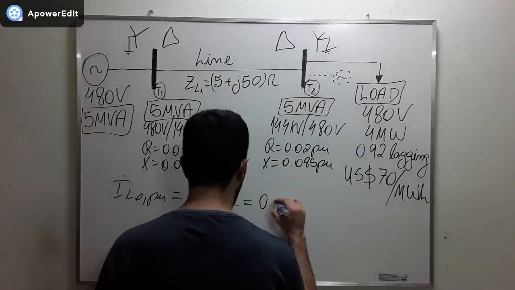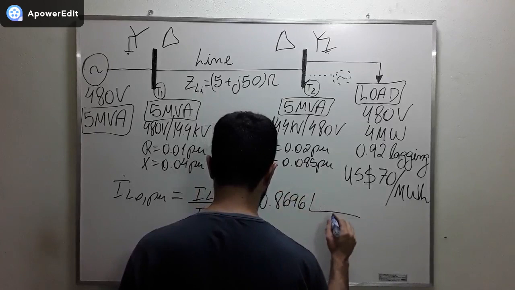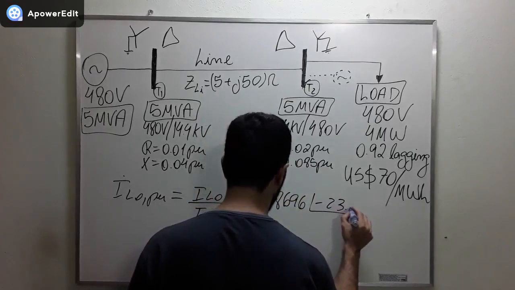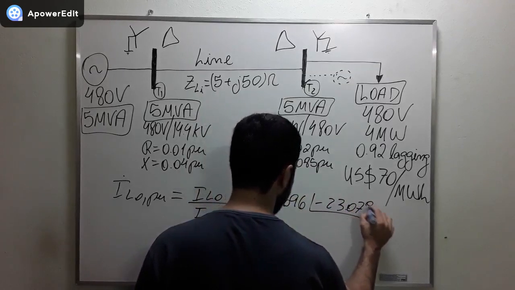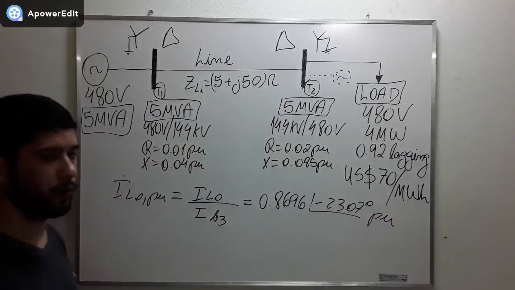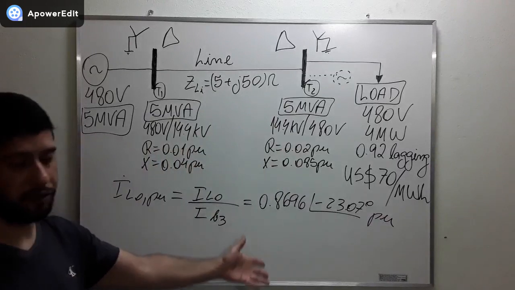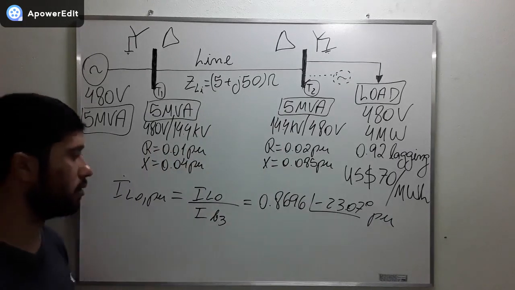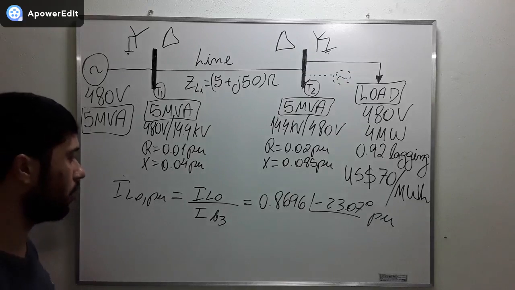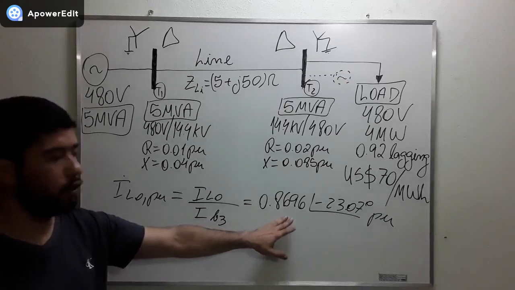And we find a value of this. Are you guys agreeing with me? Please, if I am making a mistake, correct me and we are going to debate it. So this is the value of the current in per unit, not in amperes.